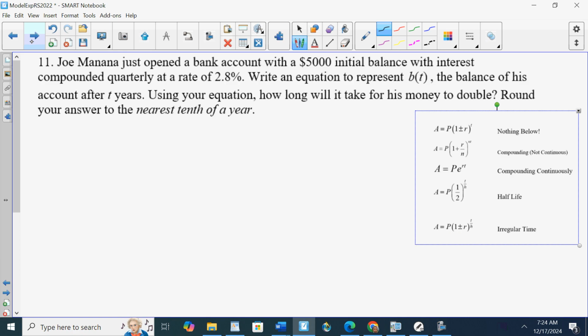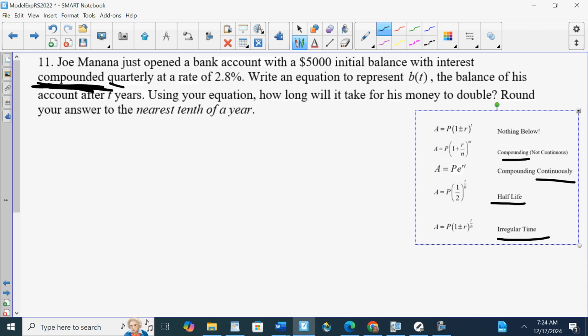Number 11. Now, normally I go over like one of each, but you're responsible for all these formulas, so I'm going to go over each of these formulas. I'm looking for keywords: compounding, continuously, half-life, irregular time. Joe just opened a bank account with $5,000 with an initial balance with interest compounded. Boom, there it is.